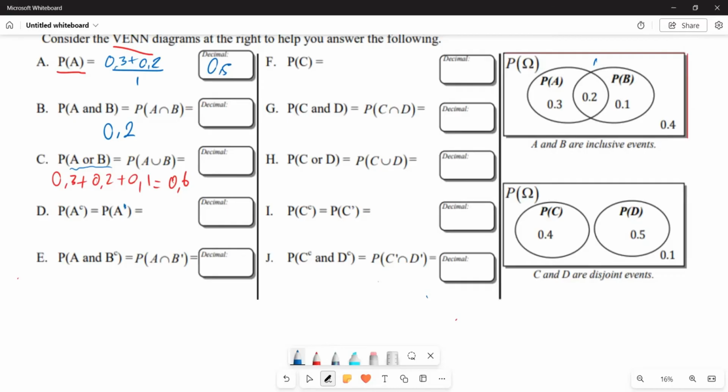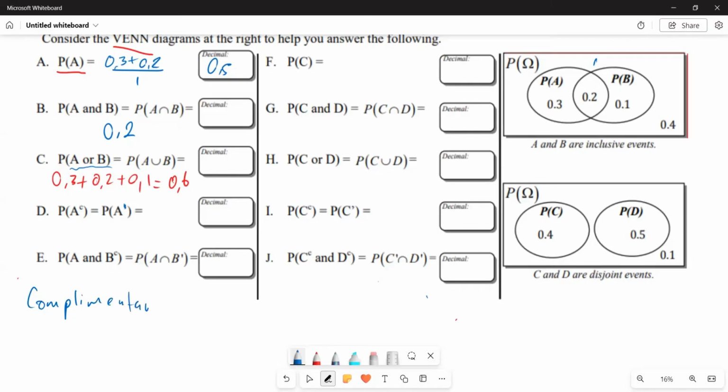So what is then going to be the probability of everything except A? Isn't it that we said the probability of A was 0.5 altogether? So if we want to get rid of that, let me just introduce this to you. We have what we call complementary events.